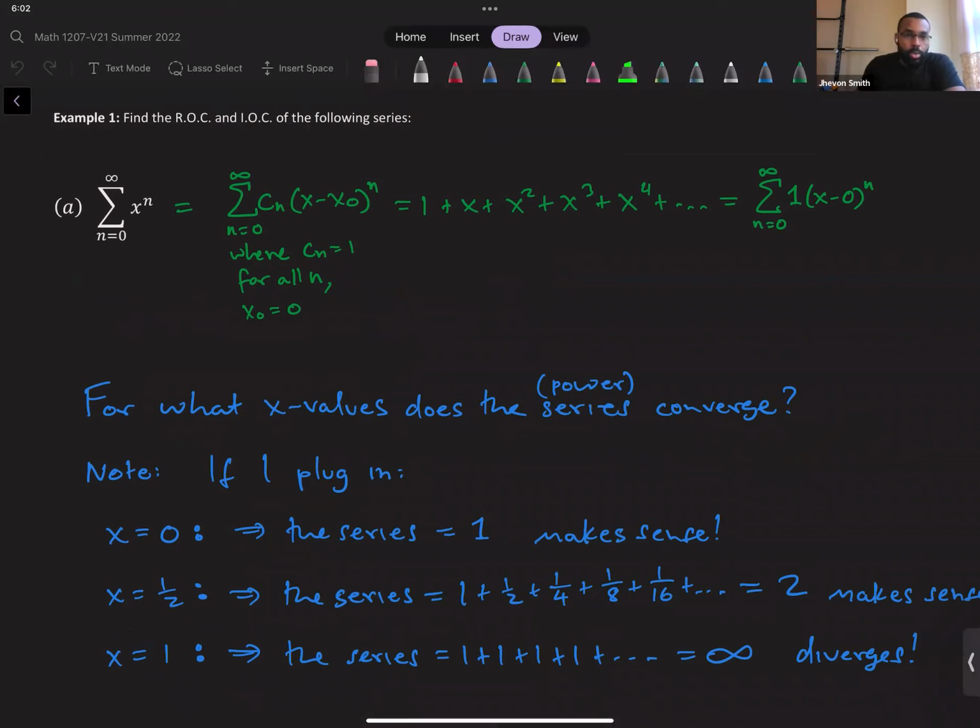And so how do we actually go about figuring out where a power series makes sense? Where does it add up to something meaningful, finite, some sort of mathematical object that we can do calculations with? Well, we do the ratio test, always the ratio test. We know for the ratio test to converge, we need this absolute L to be less than 1.